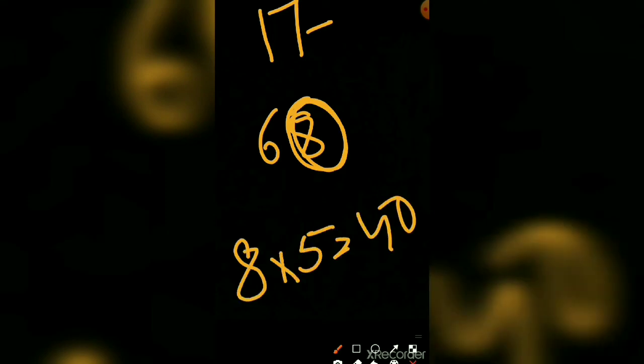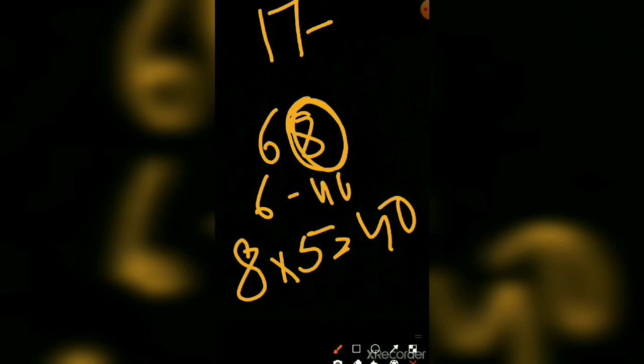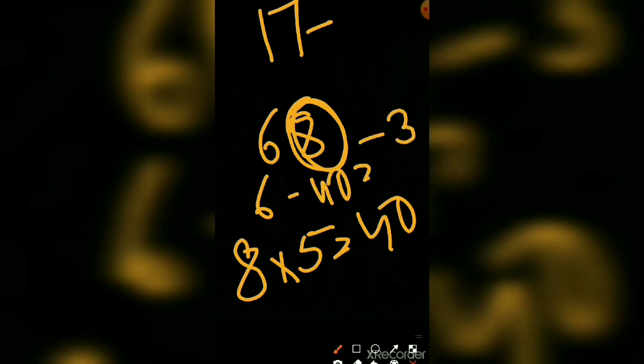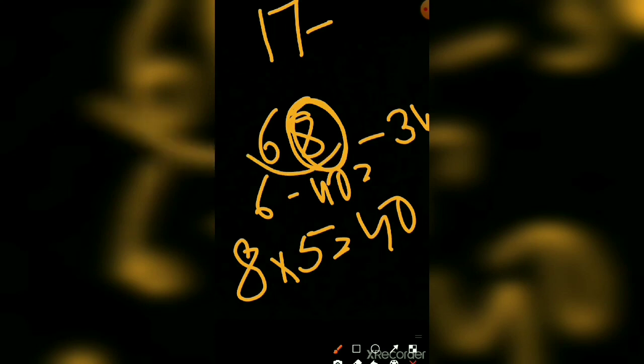The last digit, that is 8, must be multiplied by 5. So 8 times 5 is 40, and then subtracted from the remaining digits. So 6 minus 40 is what? It's minus 34, and we know that 34 is divisible by 17. So we can say that 68 is also divisible by 17.